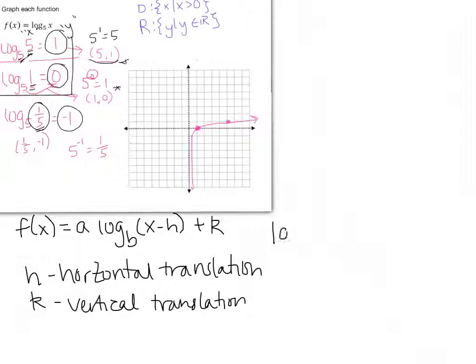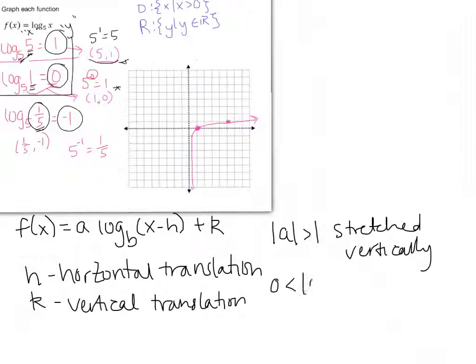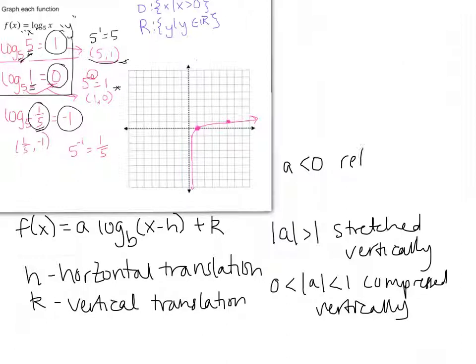and our a, if the absolute value of a is greater than 1, it is stretched vertically. If our absolute value of a is in between 0 and 1, it is compressed vertically. And if our a is less than 0, so if it's negative, this ends up being reflected across the x-axis.